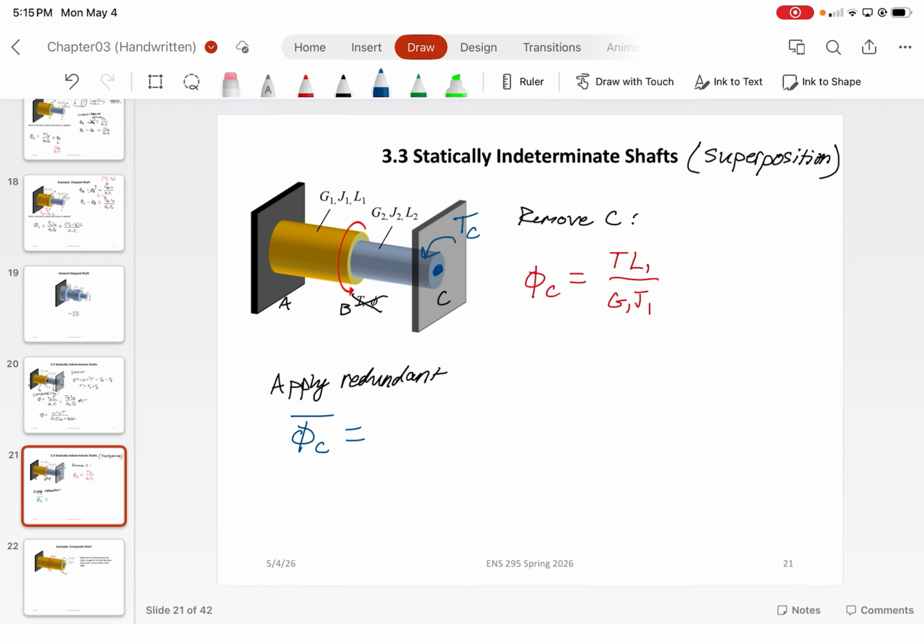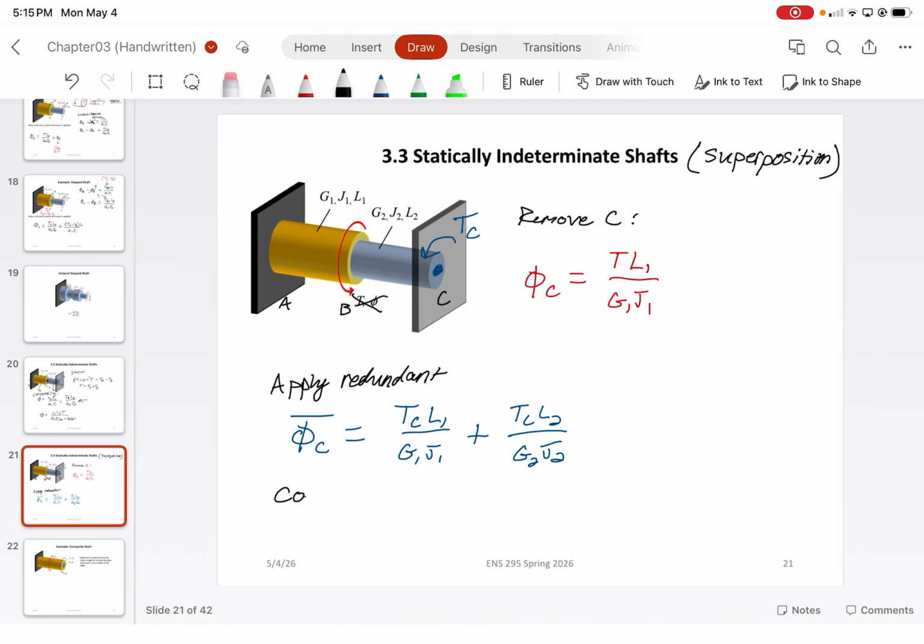What we would end up with is the total torque being transferred between member AB and BC. So the torque felt by both rods is, of course, TC. So what we would end up with is TC times L1 over G1 J1, plus TC times L2 over G2 J2. All right. And then from there, we would obviously apply compatibility.